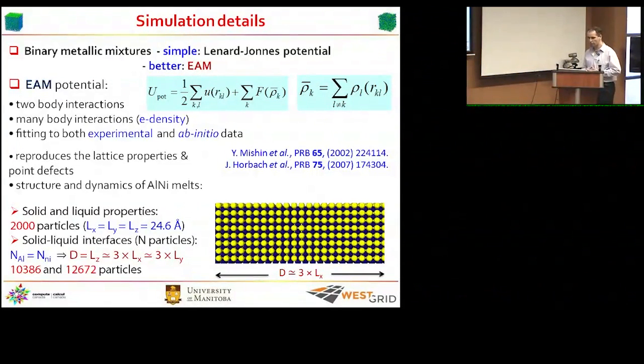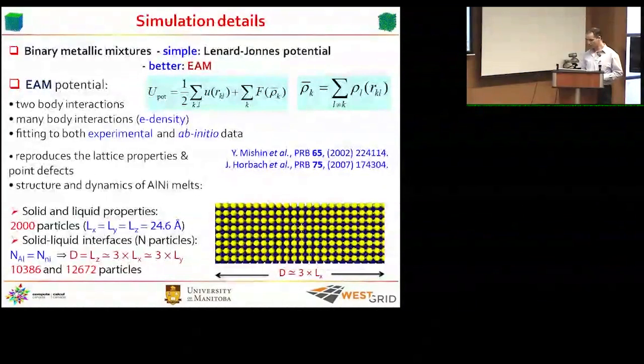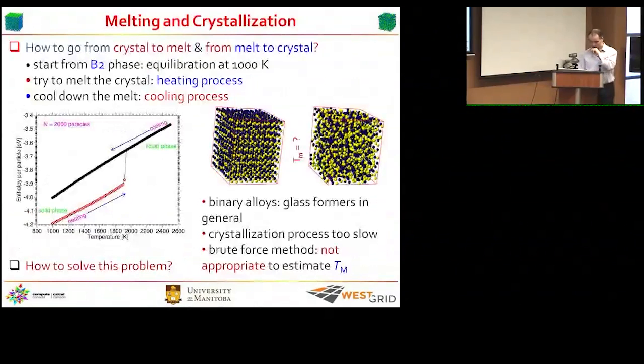Now to study the system with two phases, we take an elongated box in one direction. Then we have a system which is very long. Now, how to study the melting and crystallization? I talked about this earlier.